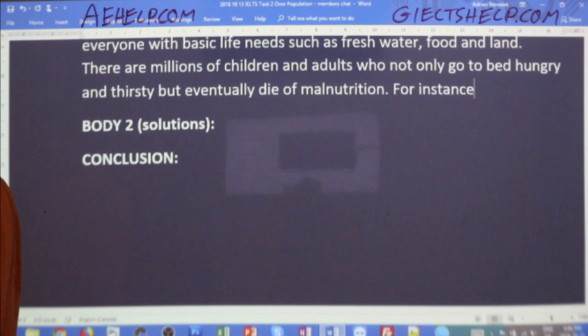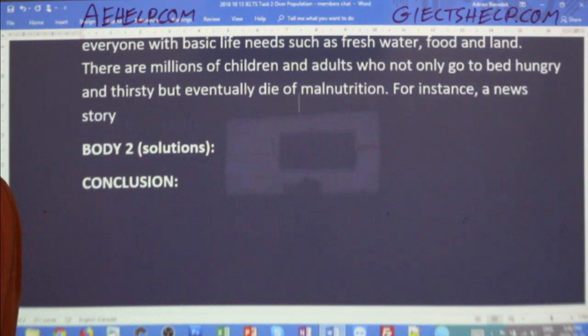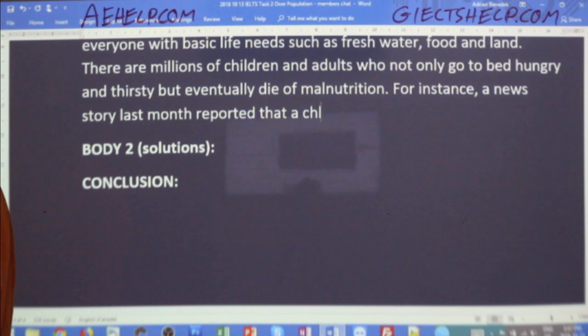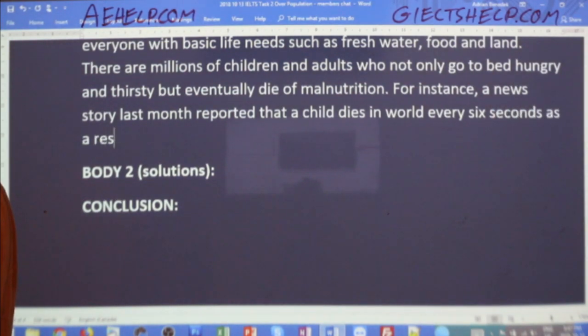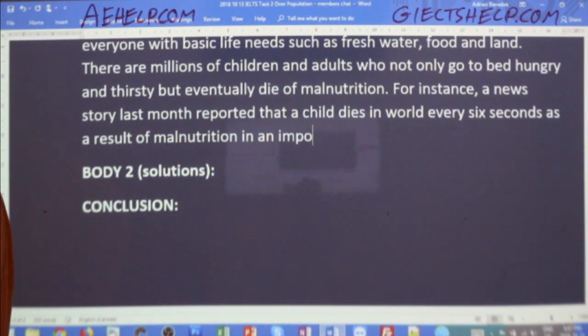For instance, a news story recently, last month, keep it even more measurable, reported that a child dies in the world every 6 seconds as a result of malnutrition, okay, of malnutrition in an impoverished community, okay?